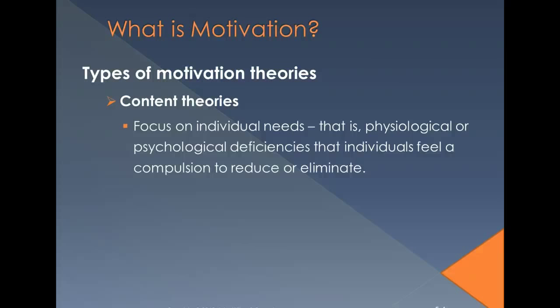Psychological is sort of where this begins and ends. What do we feel that we want to increase in our life or decrease in our life? So what do we want more of? What do we want less of? This is going to motivate us to increase or decrease.